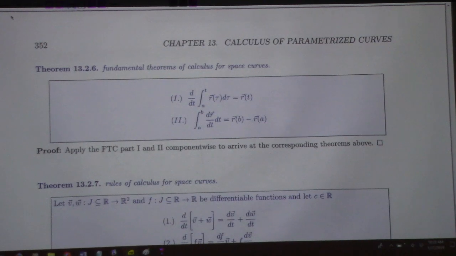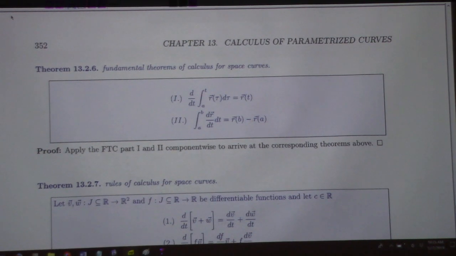Some theorems. If we differentiate a vector-valued function with respect to time, we get that. So like there's an FTC1, here's FTC2. Like if we integrate the derivative of a path, it's the difference of the path at the endpoints. Here the output's a vector, all right?